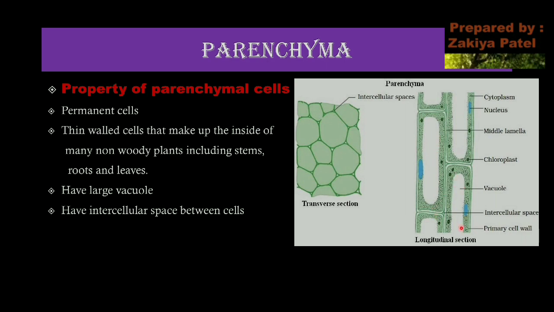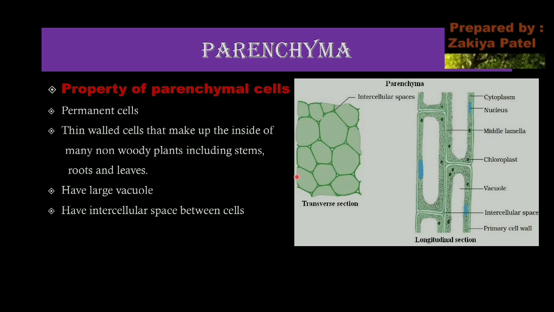And third, they have intercellular space between them. You can see here the space present between two cells. Each and every cell has some space between two cells. This space is called intercellular space. So these are the properties of parenchymal cells: the cell wall is very thin, they have a large vacuole, and they have intercellular space between cells.